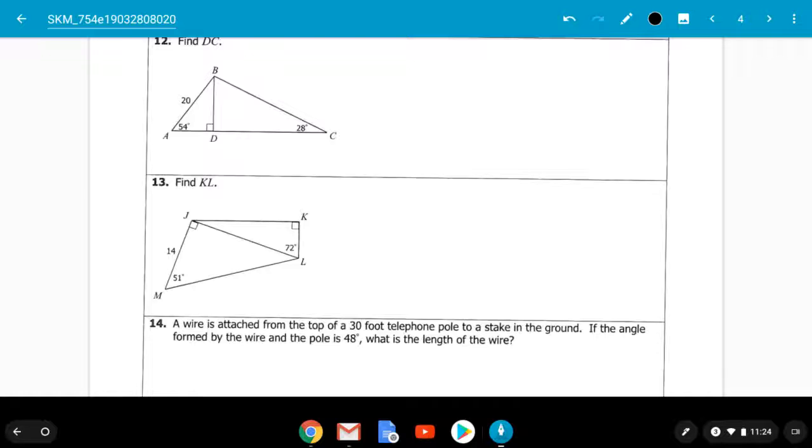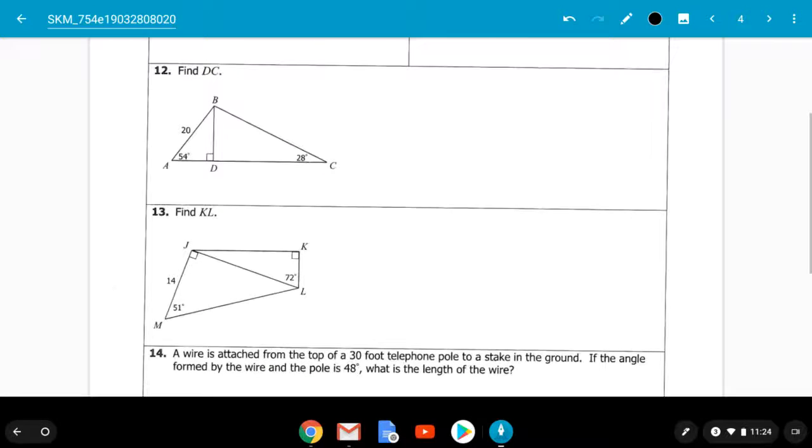So for number 12 here, they want you to find DC, which is this line right here. Just like the special right triangles, where you find the shared line in order to get the other triangle, same thing here. I need to find the measure of this shared line so that I can use it for the other triangle. So what I'm going to do here is identify the side in relation to the angle measure.